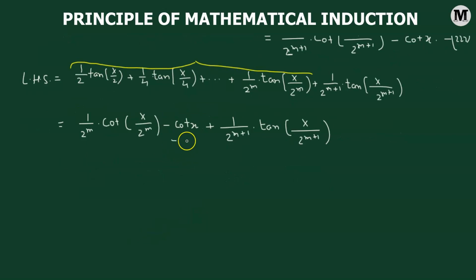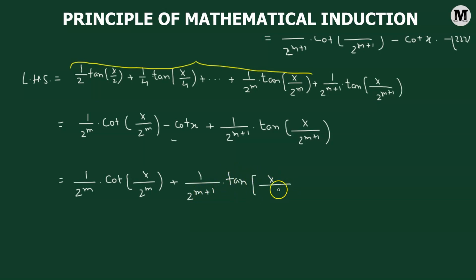Now we need negative cotangent of x on the right hand side as well, so we're not going to touch the second term. We're only going to combine the first and the third term. So let's rewrite them together. So we have 1 over 2 raised to the power of m multiplied to cotangent of x over 2 raised to the power of m added to 1 over 2 raised to the power of m plus 1 multiplied to tangent of x over 2 raised to the power of m plus 1.